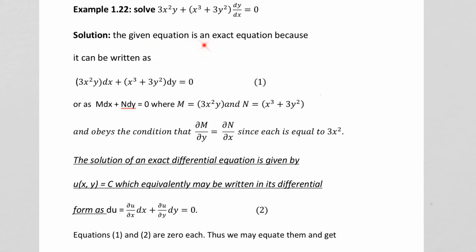Solution. The given equation is an exact equation because it can be written as this, and also this equation obeys the requirement that partial M by partial y is equal to partial N by partial x. So now it is confirmed that equation 1 is an exact differential equation.